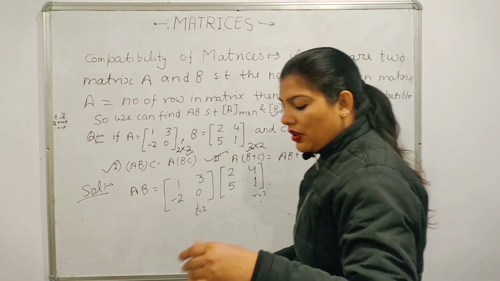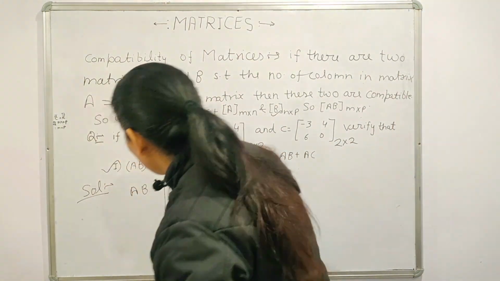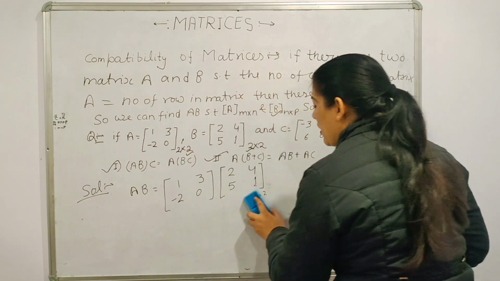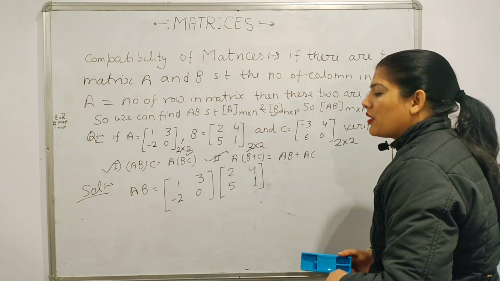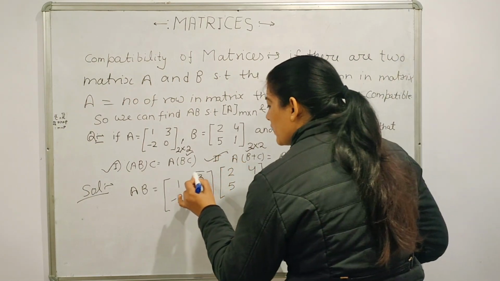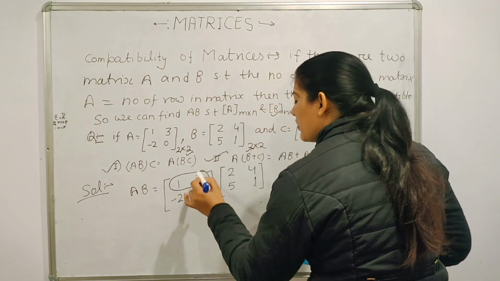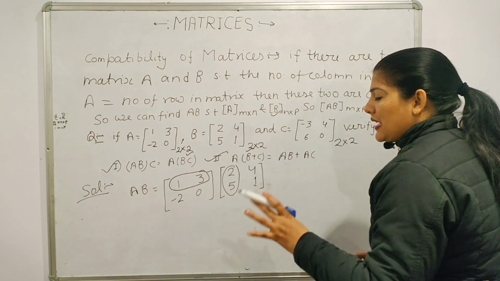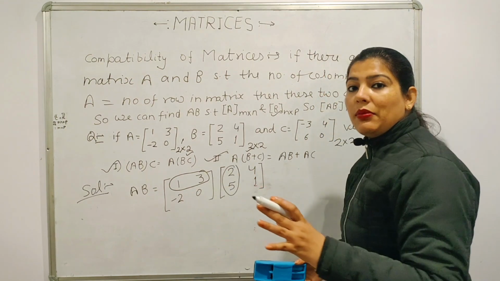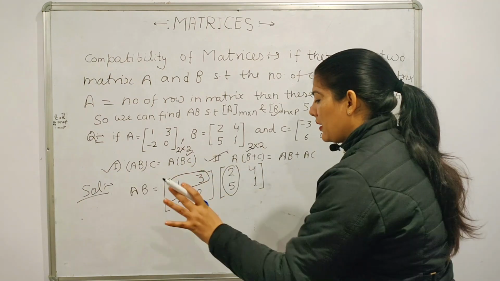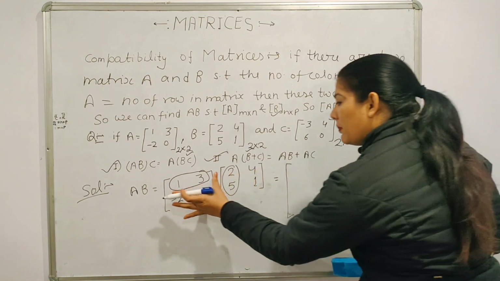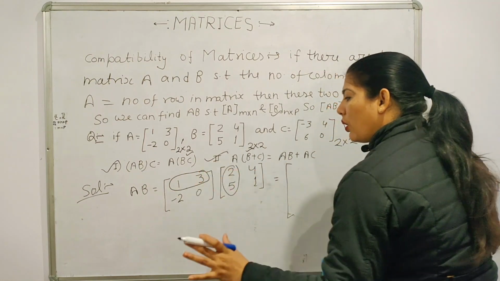After that we have to find the multiplication of these two. How can we find it? We have to take the first row, this one, and the first column. That's how we can find the first element of AB. So AB is equal to, you have to multiply this row by this column.